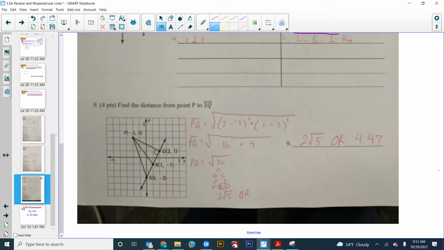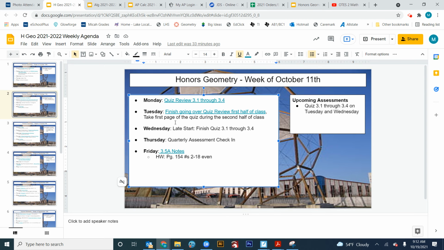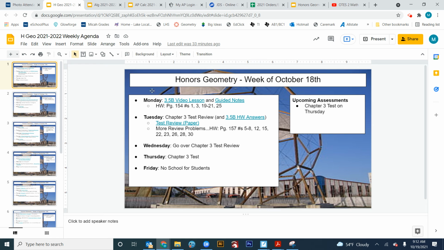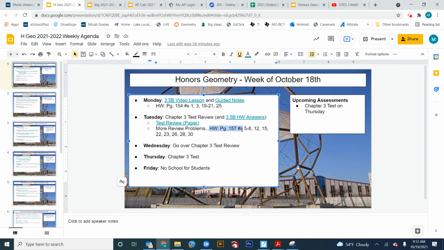Here's what I'll say. Going over the homework took most of class. So the original agenda on the website, just to make sure we're on the same page: I posted last night's homework answers, I posted the paper that you have in front of you for the test review, and then I put more review problems for homework. I'm going to make the book problems optional practice.